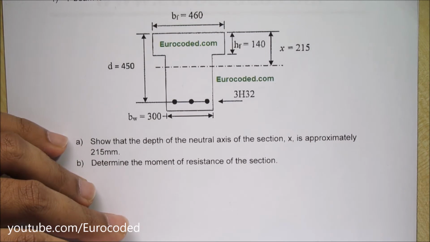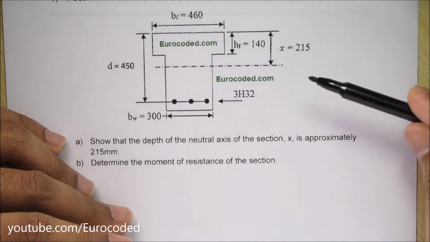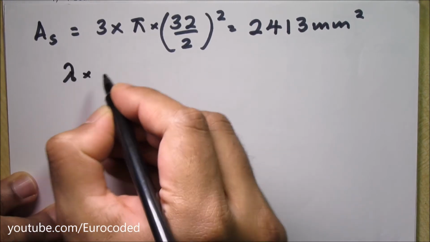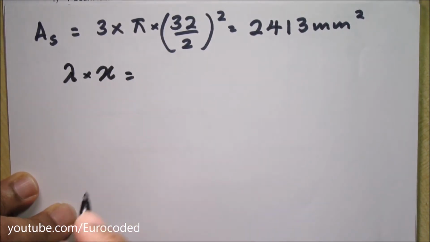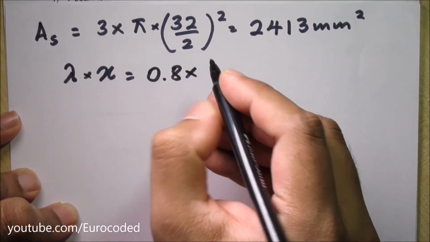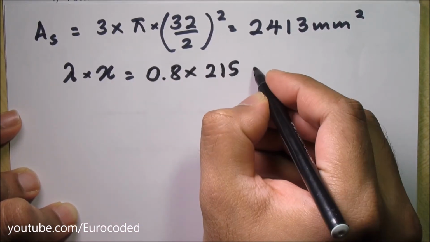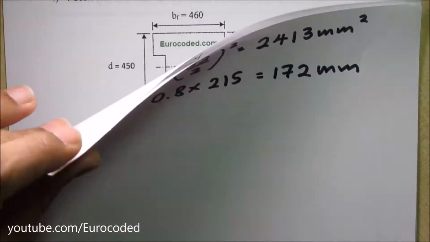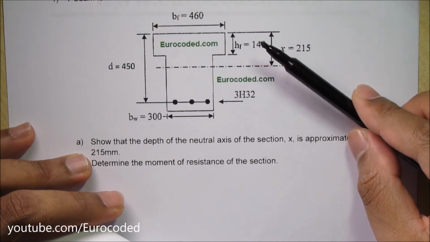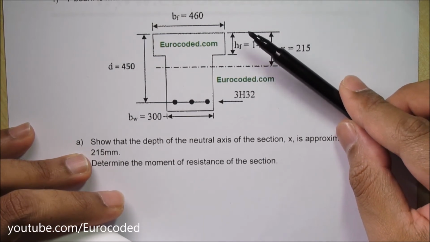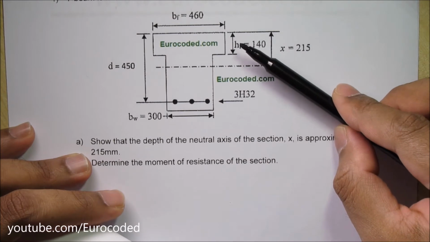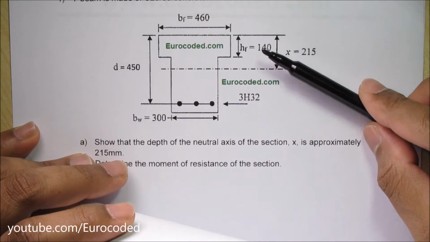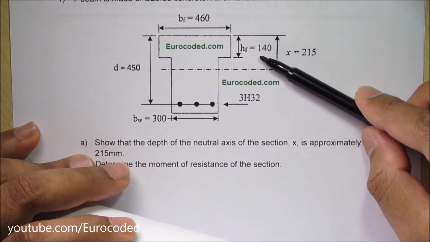In the question we are given that x is equal to 215 in here. Therefore lambda times x is equal to 0.8 times 215, that is equal to 172 millimeters. It is quite clear that the compression zone extends beyond the depth of flange, because the effective height is 172 millimeters and the height of flange is 140.